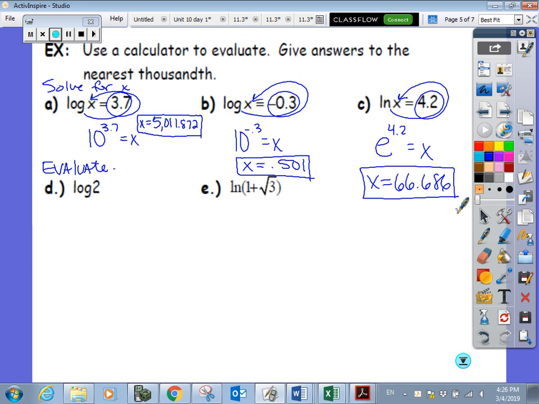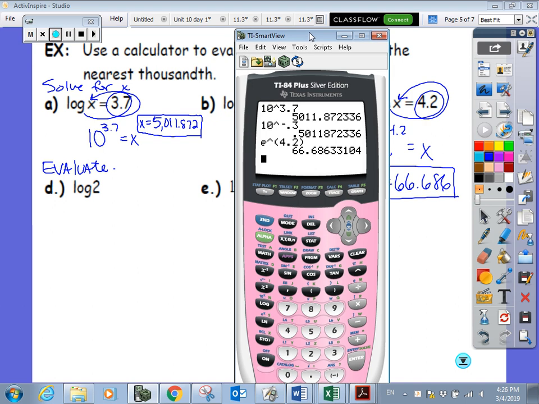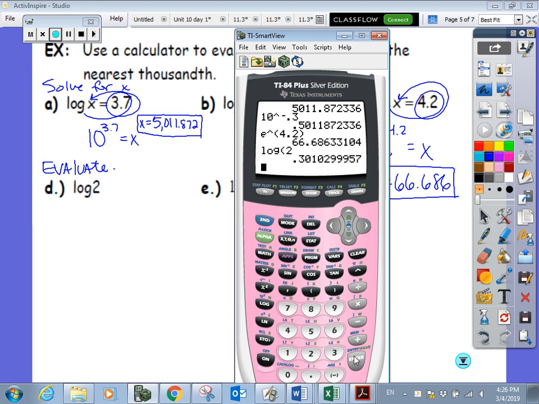All right, so that's solving for x. Now these others are not solving for x. It's just evaluate, so it's just plugging it into your calculator. Log 2, enter. You get your answer, 0.301.